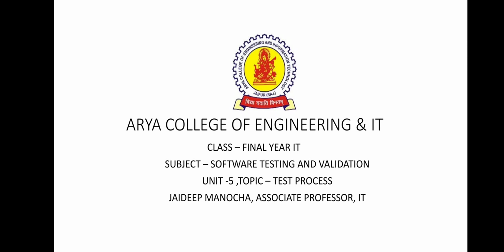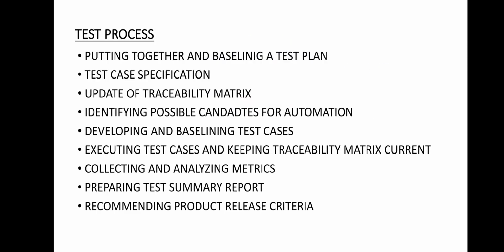Students, in this slide you can see the main points that we have to consider when we talk about test process. Our first point is how to put things together and make a baseline of the test plan that will be put for testing. Second is specifying the test cases. Third is traceability matrices, which we have to update.